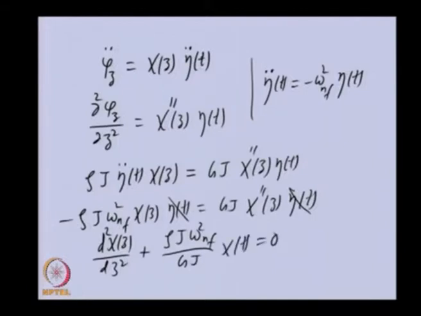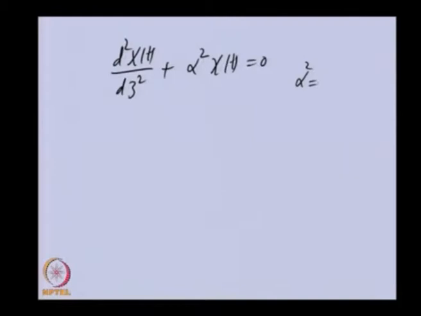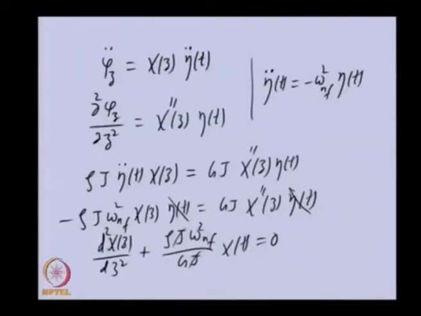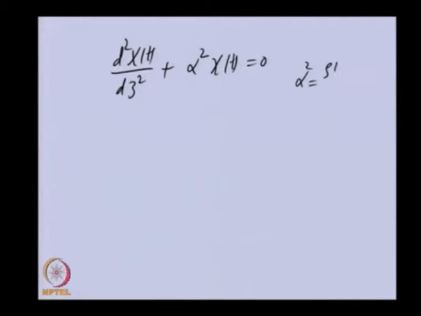And here this J will also get cancelled, and we can write this as d square chi by dz square plus, I am calling that constant alpha square, chi is equal to 0, where alpha square, as we can see here, is rho omega square n f by capital G. G is the modulus of rigidity.